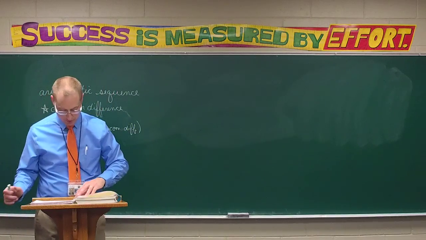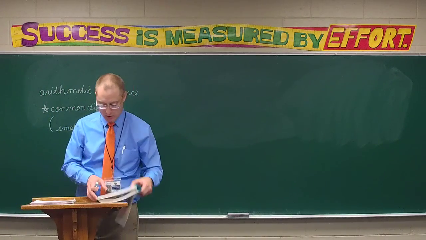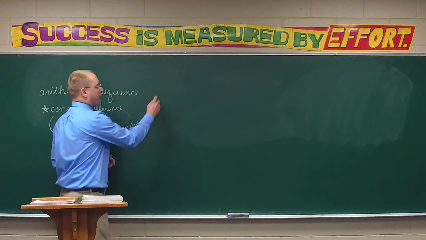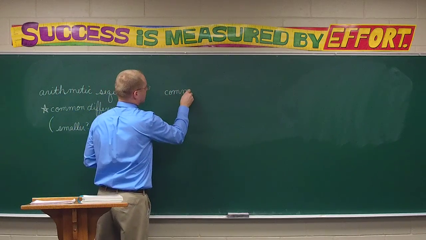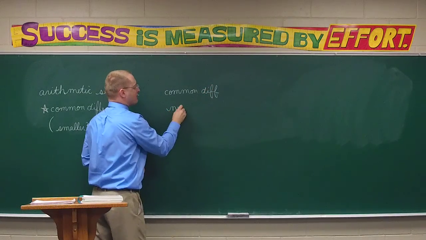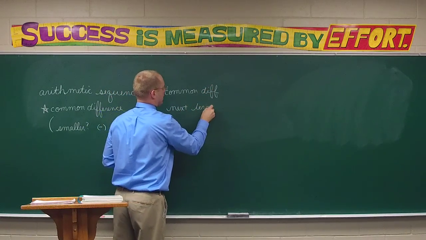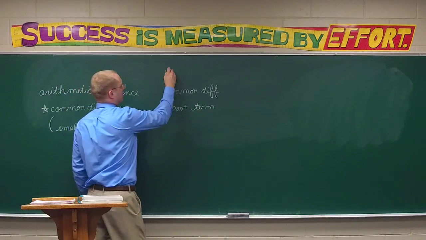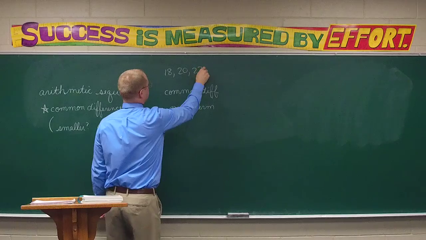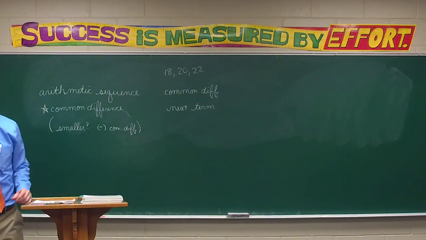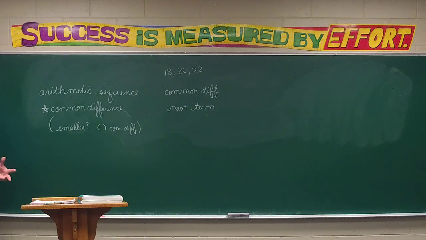Take a look at page 454 now. Page 454. I want 2 answers. Okay, first I want you to tell me what's the common difference. Then I want you to tell me what is the next term in the sequence. I want you to give me 2 answers each for 18, 20, and 22. For each one of these, what's the common difference? What's the next term? You could probably do these right there in your book. They're really easy. There's not a lot of space, but you don't need a lot of space.